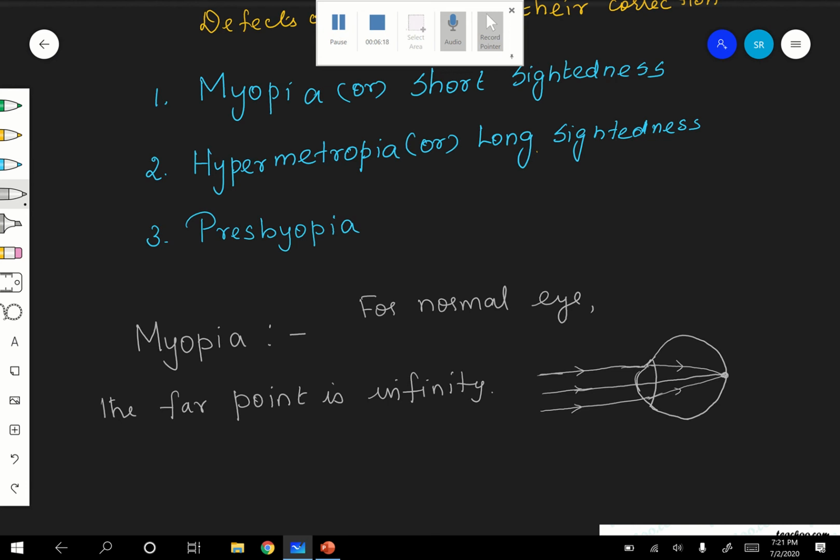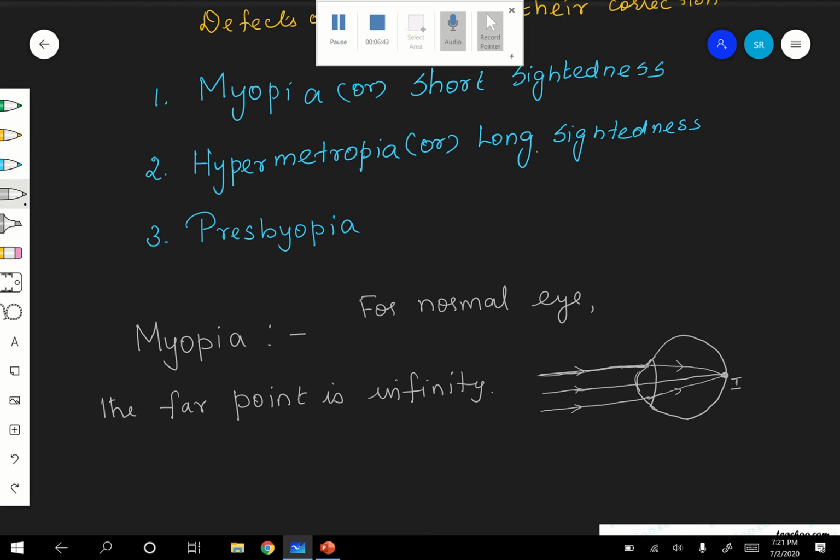This is the image. The object is at infinity, so parallel rays are falling on the eye lens. Therefore they come to focus exactly on the retina. The image is formed on the retina.